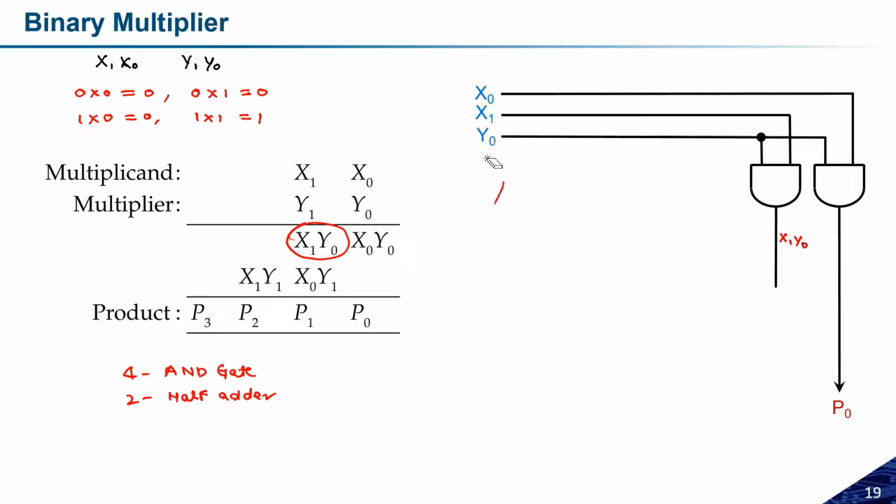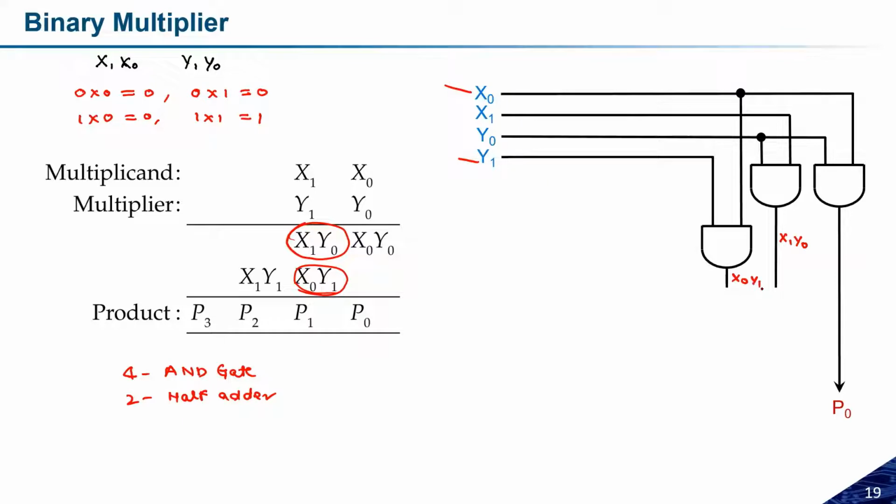Third term, we need one more AND gate, x naught and y1. So x naught is here and y1 is the new term. At this point I will get x naught y1.